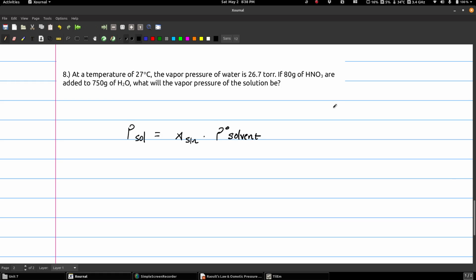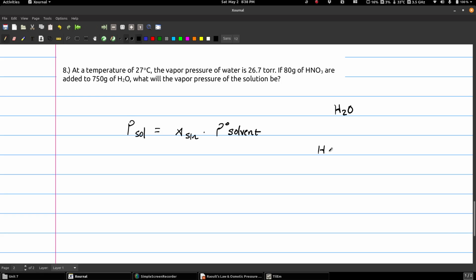So our solvent is clearly water, and we have nitric acid. So we're going to need to get the moles of that. So to get nitric acid, we just add it up just like I just did. So HNO3. So 16 times 3 is 48, plus 14 is 62.